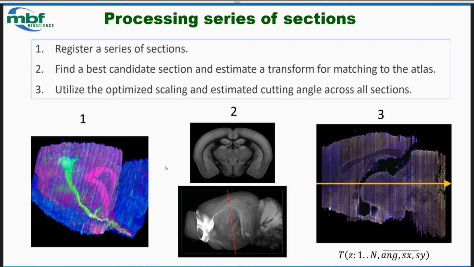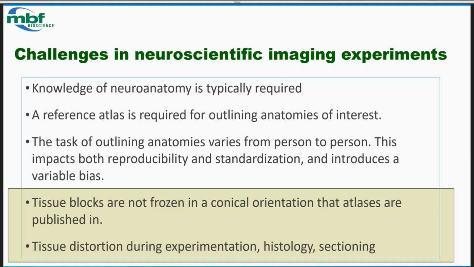We're going to be focusing on part 2 and 3, and then once we have a relatively satisfactory fit, we apply that as a starting point for estimating transforms that register all of our rostral-to-caudal sections throughout the brain volume that we're working with. And Chip's going to go into a lot of detail for that.